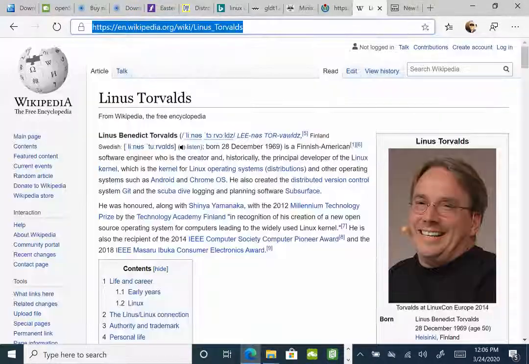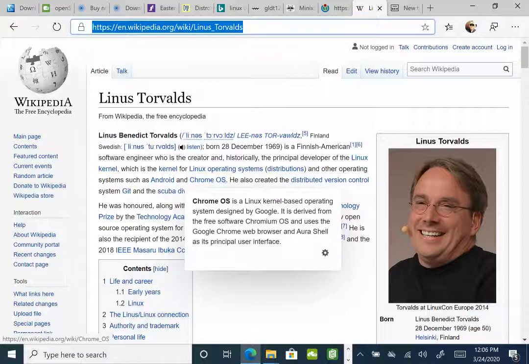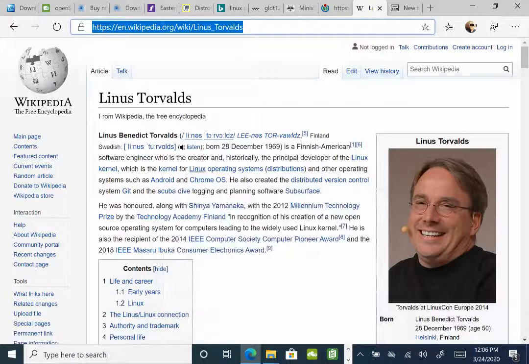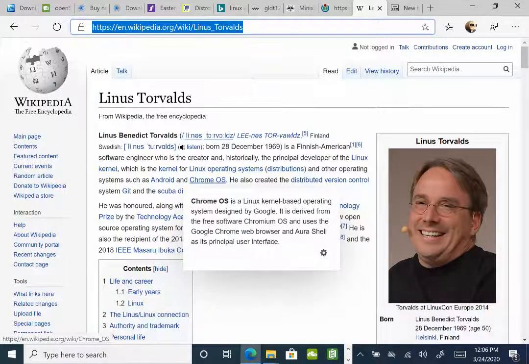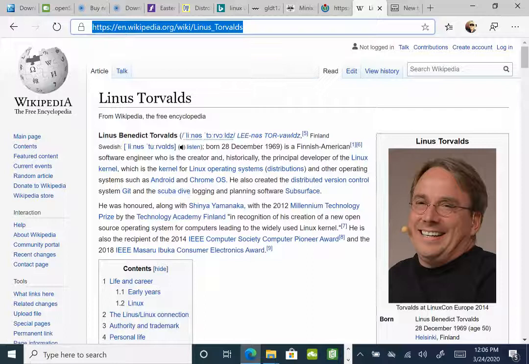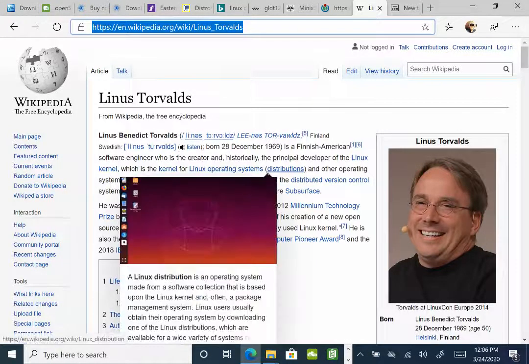As a matter of fact, when we look here, it says Android and Chrome OS. So basically what Google did was they took the Linux operating system and they forked it into Android and Chrome OS. Once you do that, you're saying the development of this is now different than what it was before. And so that's how we get these distributions.